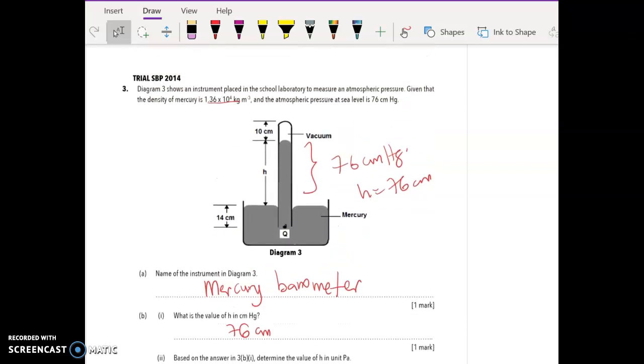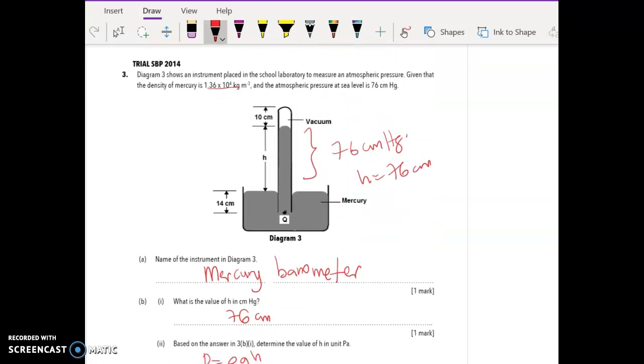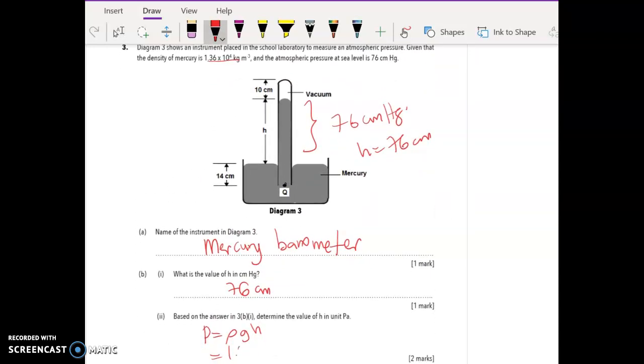We use 9.81 and height is 76. So just substitute everything: 1.36 times 10 to the power of 4 times 9.81 times height 0.76.